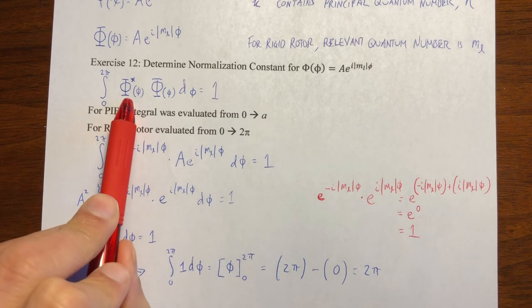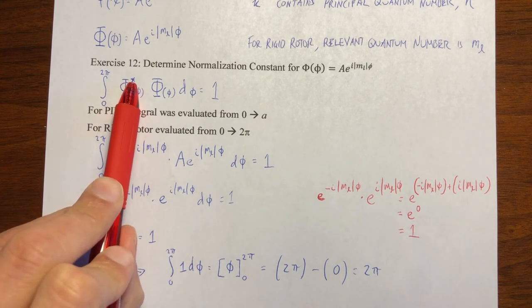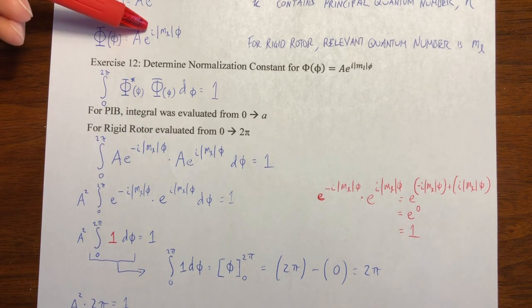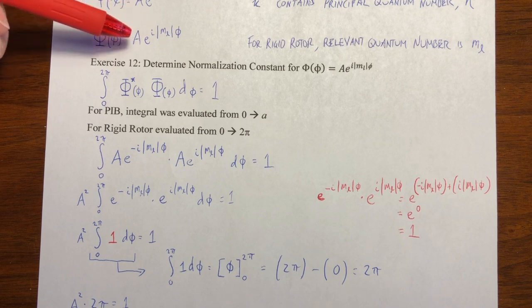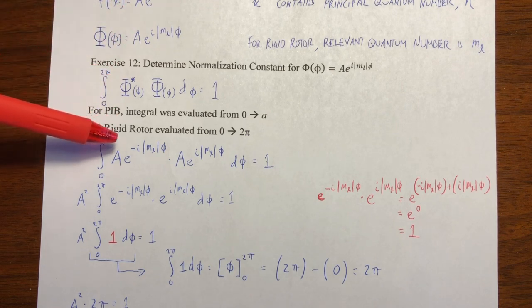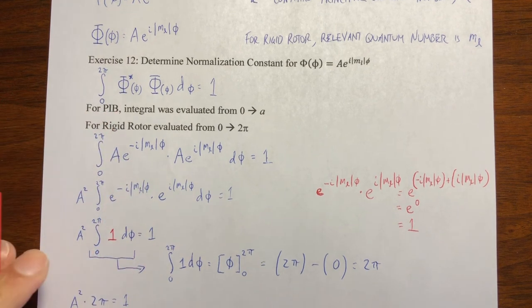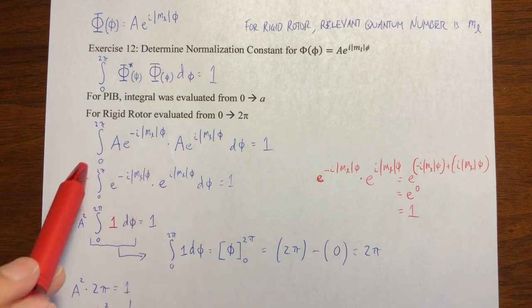Now, the first wave function is the complex conjugate. So far, this hasn't been very relevant to us, but now we have a wave function that contains an imaginary component. And so when we bring that in for the complex conjugate, that i becomes negative. So this is, I think for the first time, we're really using this in an integral.